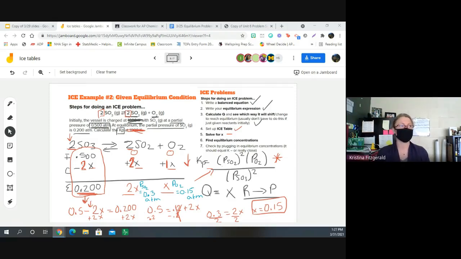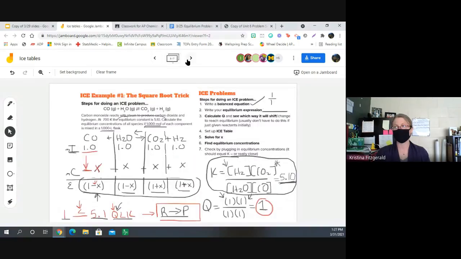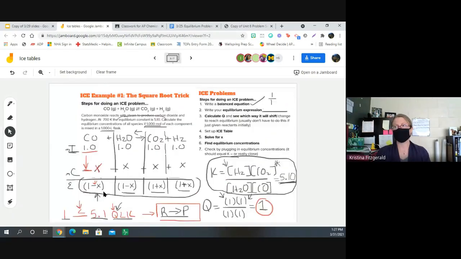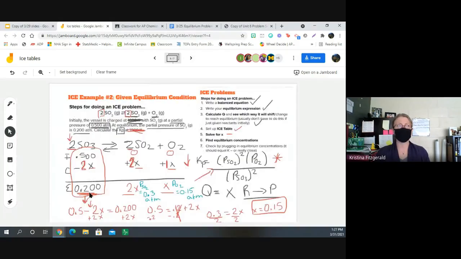Yes, Morgan, what's your question? Why do we use a square root? That's a wonderful question. I'm so glad you asked. We had more going on, basically, and we had expressions in here. On the first example, I wasn't given any numbers in this row to start, versus the other one, where they already told me what the pressure is of this side at equilibrium.